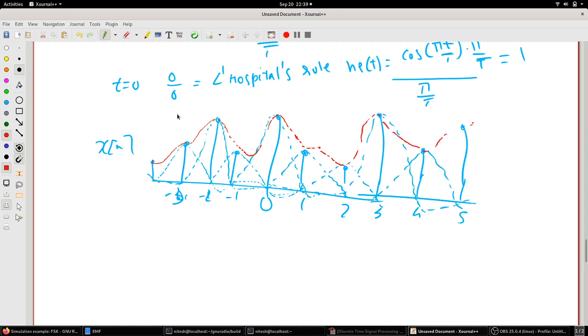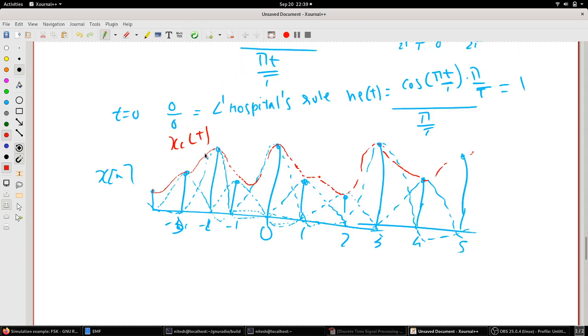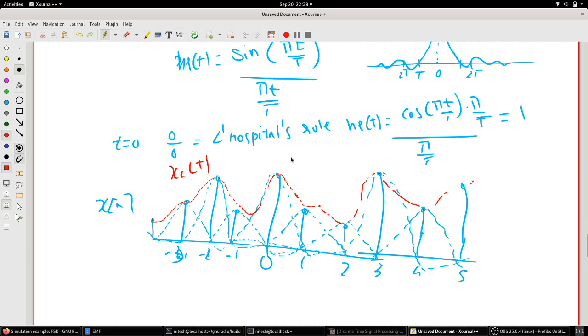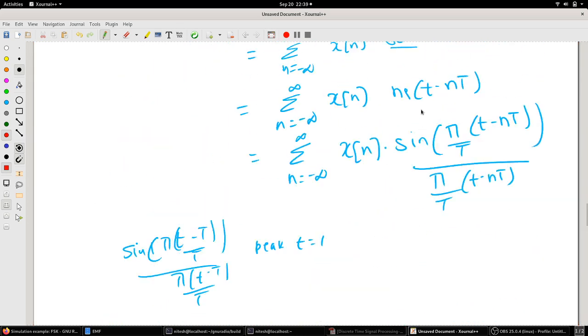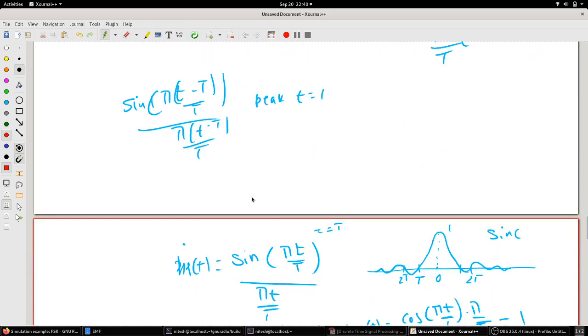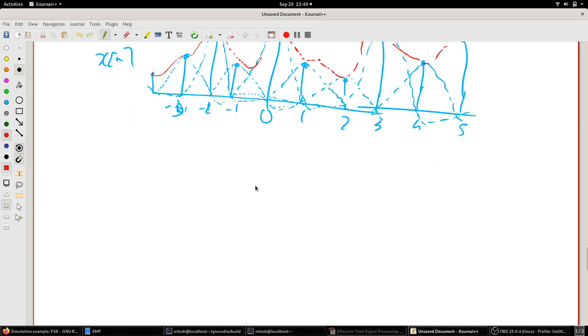This may be your x continuous of t, which is your recovered signal, x_r(t). This will be the envelope containing all these functions. Since you are multiplying with shifted sinc functions, and the sinc function is continuous, you get this. So this is how the ideal reconstruction takes place.